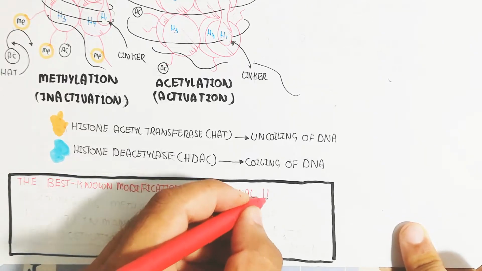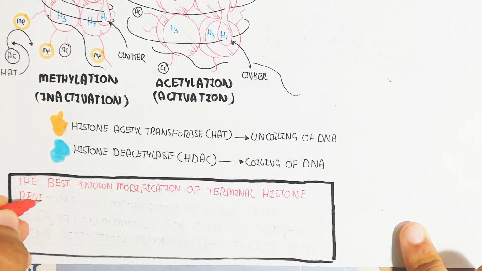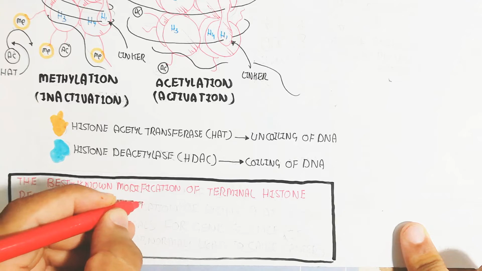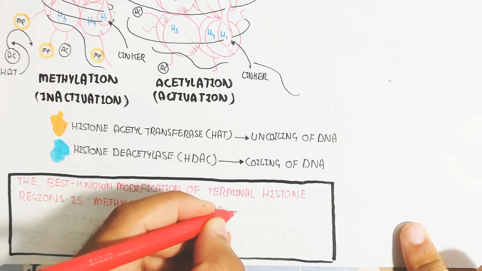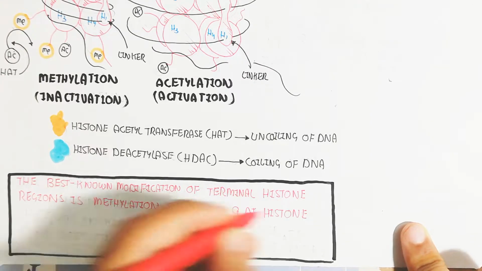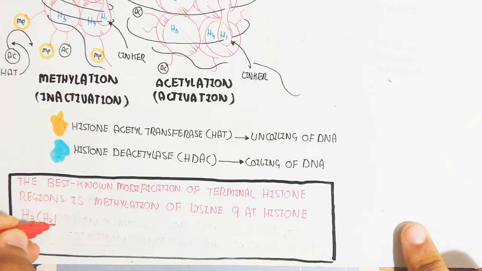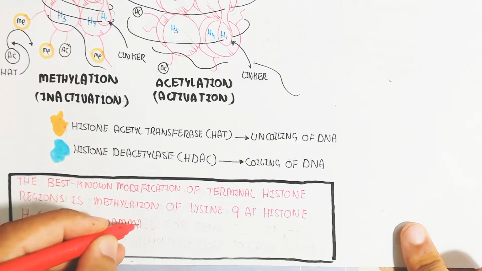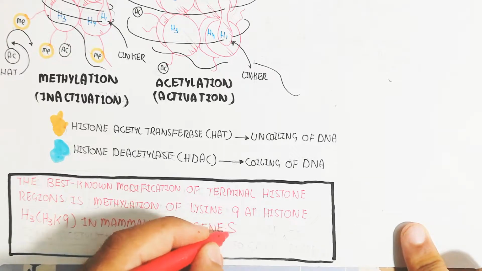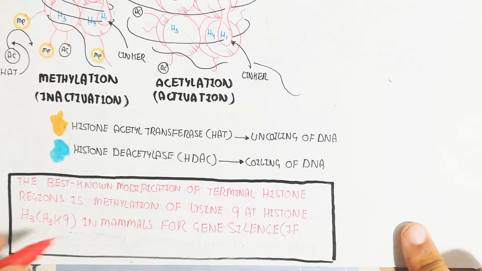Whenever the acetyl group is added, the gene will be expressed, producing protein. The best known modification of the terminal histone region is methylation of lysine 9 at histone H3, H3K9, which in mammals is for gene silencing.